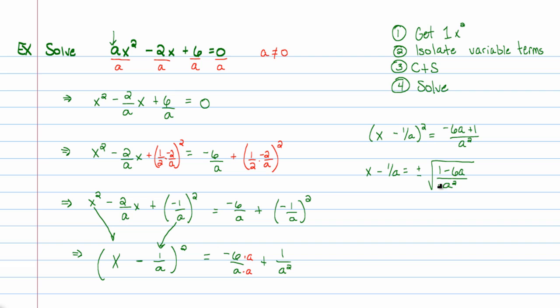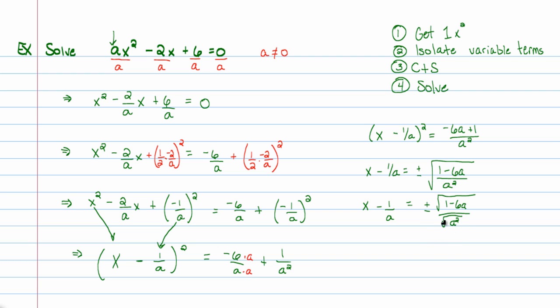Now, I'm going to do something here that any mathematician would probably yell at me if I don't describe it. So for the moment, I'm going to wave my hands and say, well, let's break this square root into the square root of the numerator over the square root of the denominator. That's still not what people would yell at me about. They would yell at me about this. What's the square root of a squared?